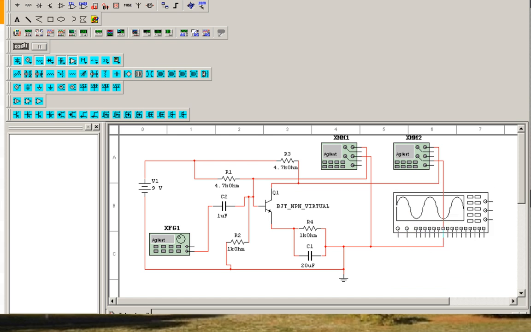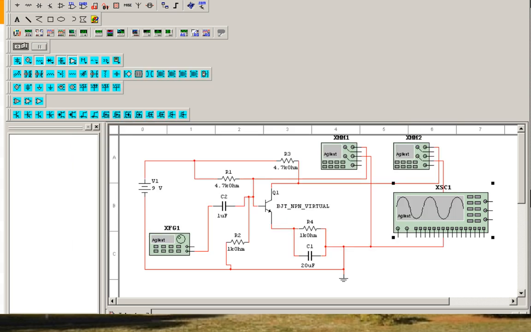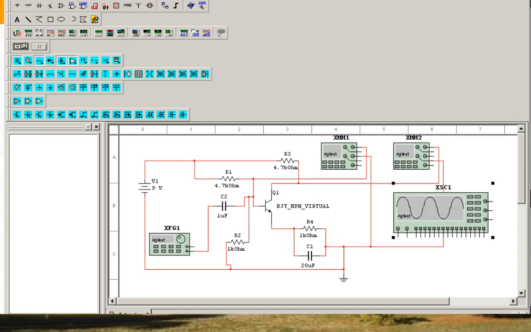If I can just put it right there. There's channel A, and ground is that third block. Ground.